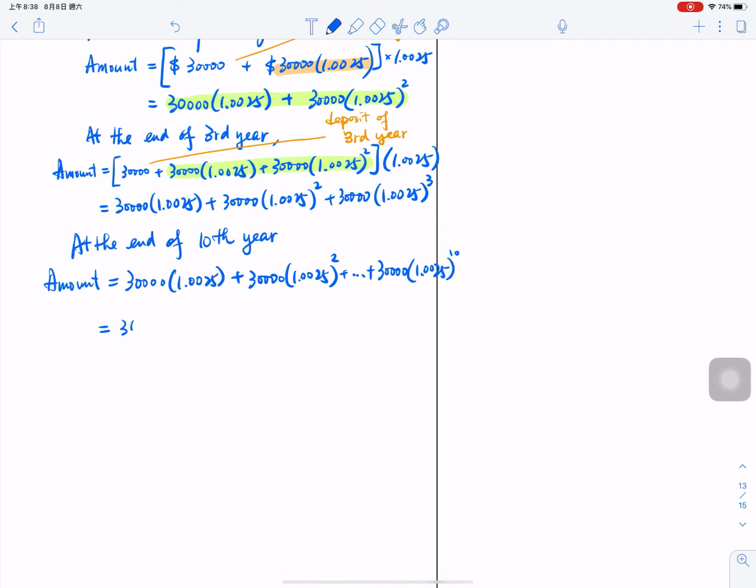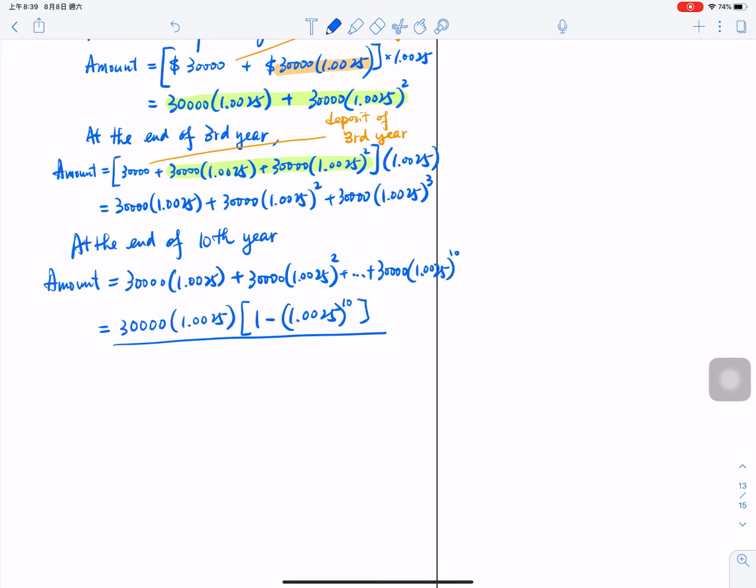So this one times 1.0025, altogether times 1 minus 1.0025 to the power 10, right?